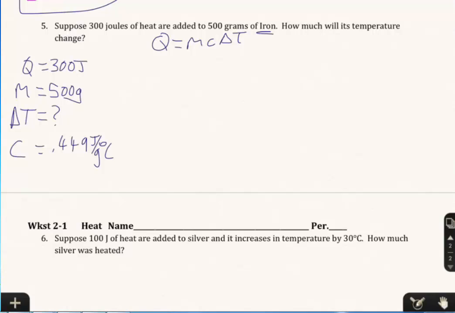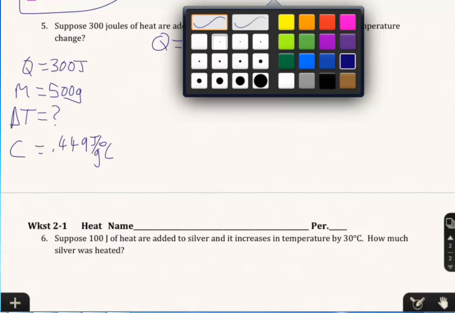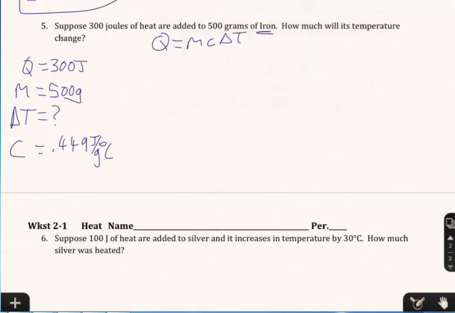Alright, so now I can just put everything into my equation and see how to solve this. So Q is 300 equals M is 500, C is 0.449, and delta T is what I'm trying to find. Okay? If I don't know something, I write it there so I don't forget what I'm doing.